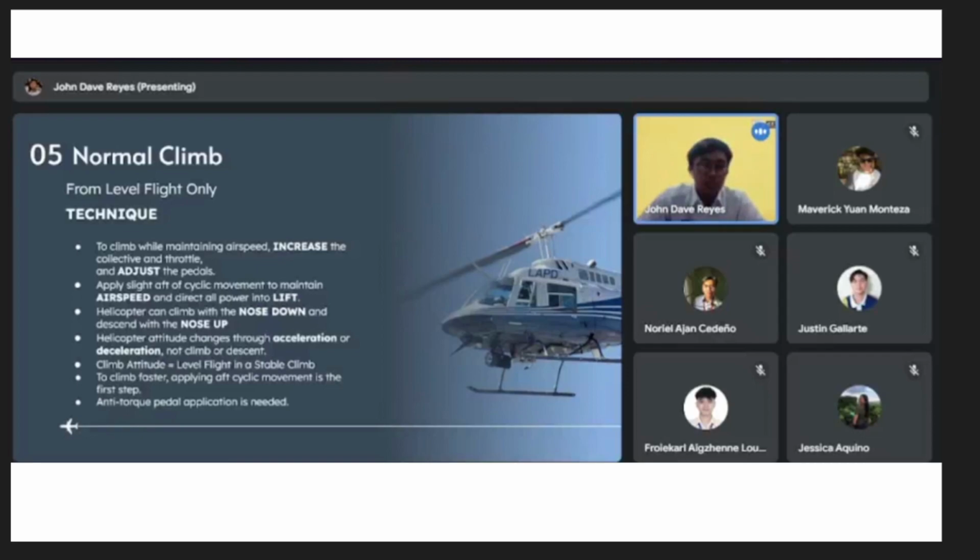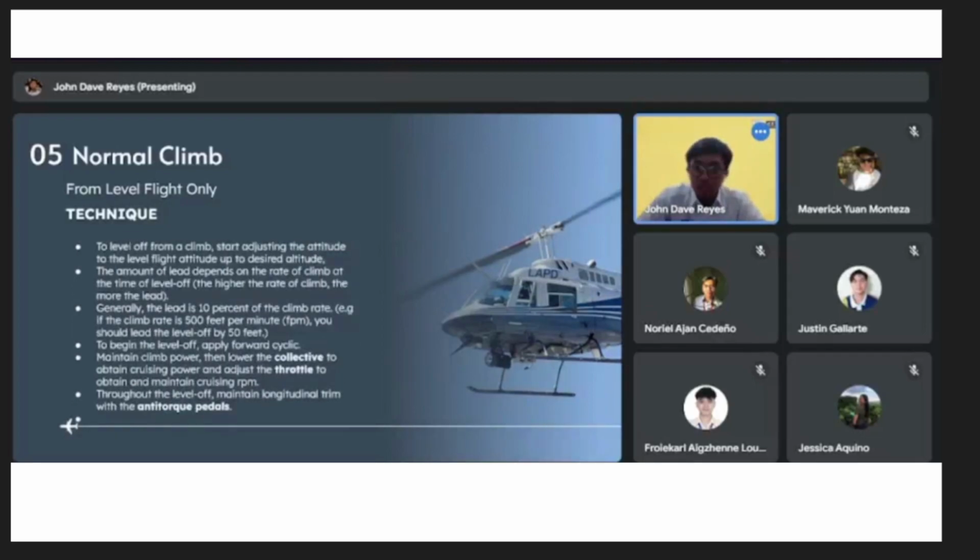Next slide. So now that we all know how a helicopter climbs from level flight, we must discuss the technique on how the helicopter goes from a climb to level off into its cruising level.